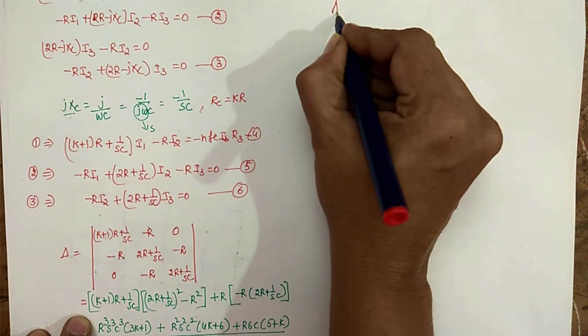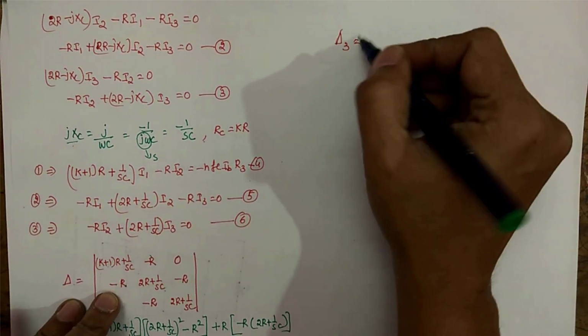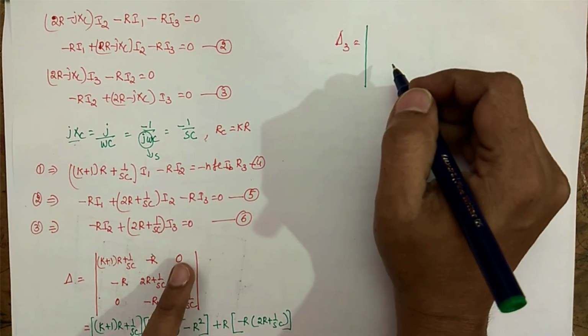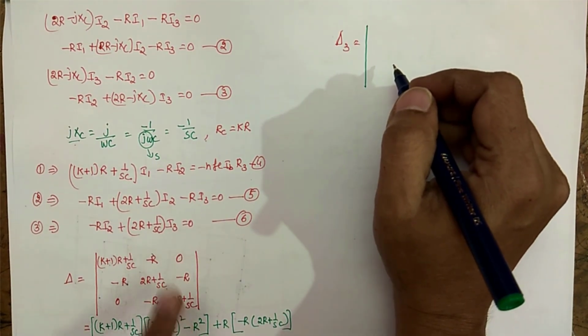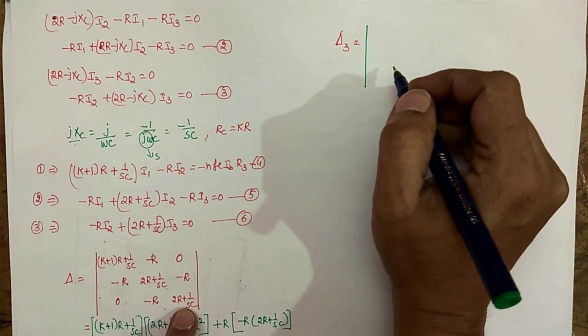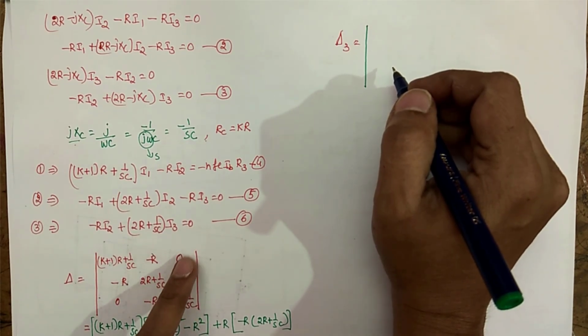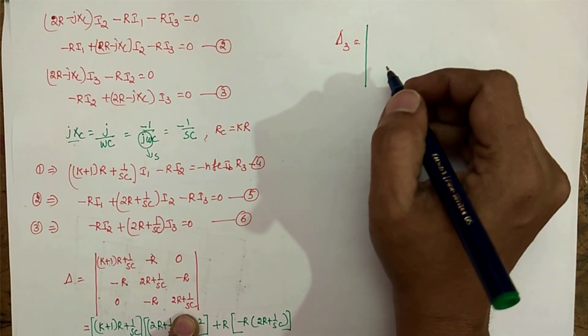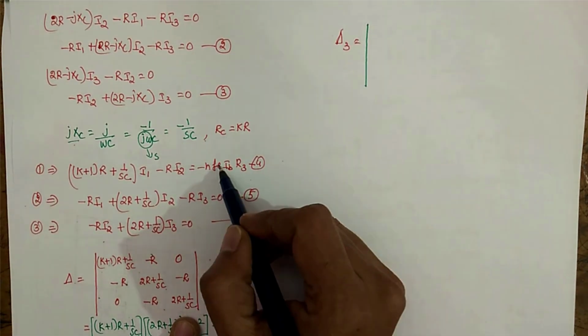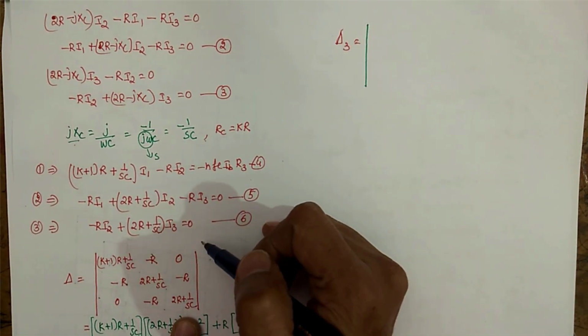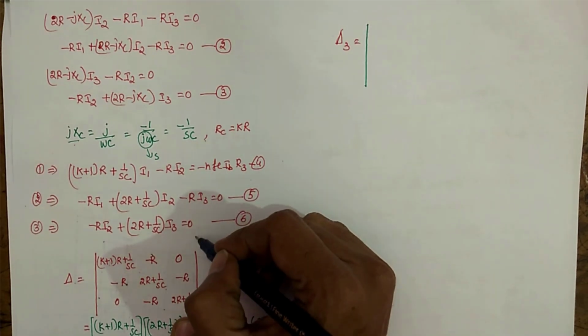Now delta 3. Yes, how to find delta 3? See this third column. This is related to I3. Now this column must be replaced with the RHS values, meaning the constant values.